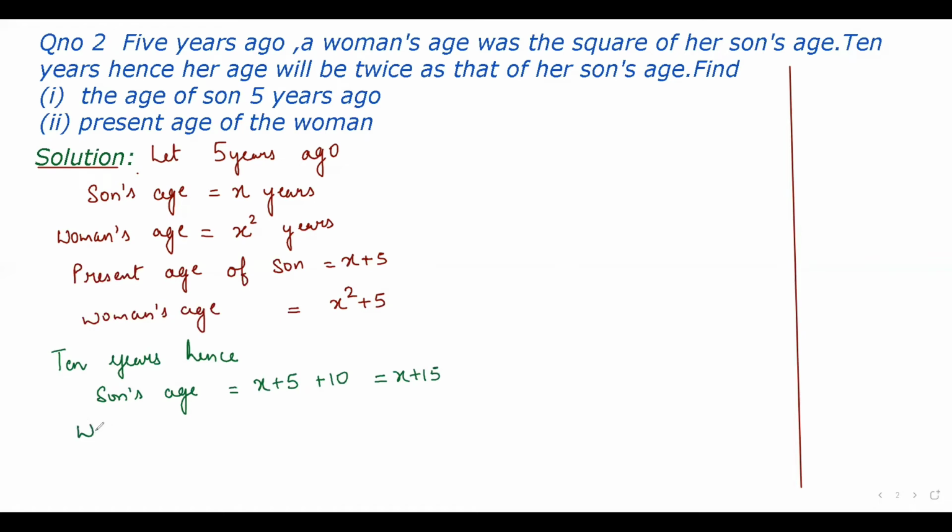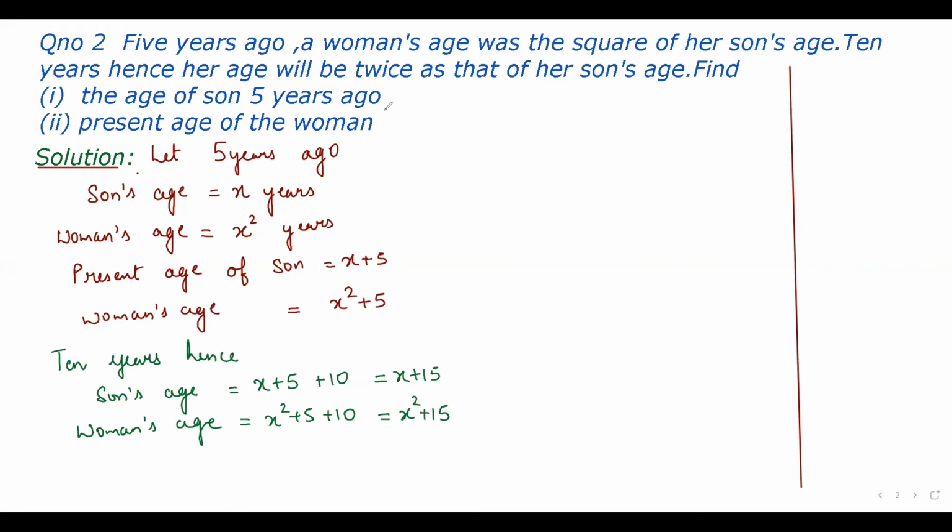And the woman's age: present age is x square plus 5. Add 10 years, after 10 years, so 10 years you have to add to it. So it will be x square plus 15.